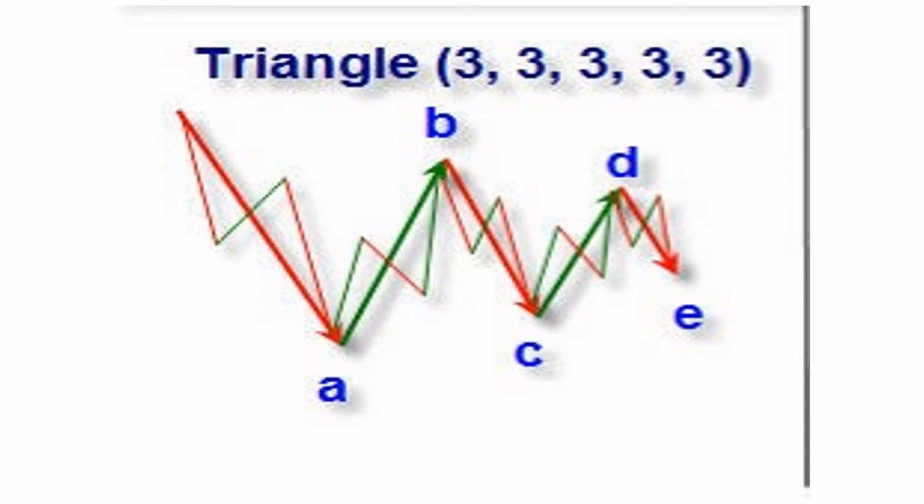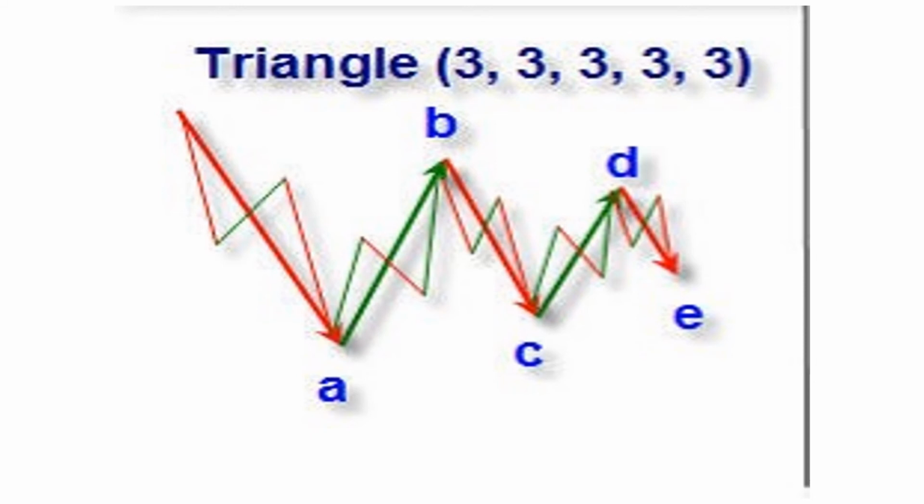Triangle corrections consist of 5 waves labeled A, B, C, D, and E, with the subordinate waves forming a 3-3-3-3-3 wave pattern, meaning that each wave A, B, C, D, E has 3 waves if you look very closely.